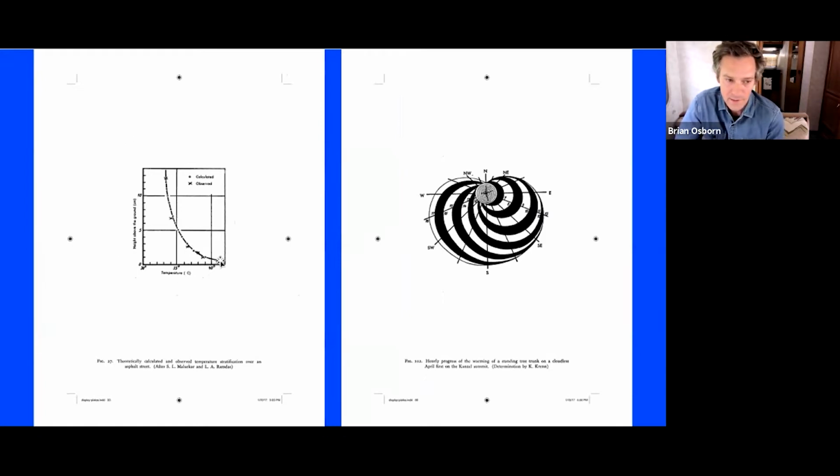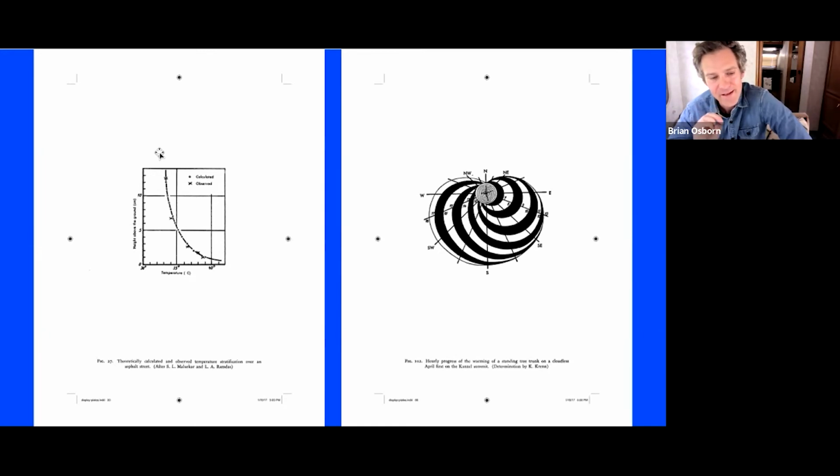In a really straightforward way, as you move up above the ground, the temperature decreases because the asphalt is re-radiating that heat back into the atmosphere. So this is a really clear description of what Geiger was describing as that kind of disturbance.